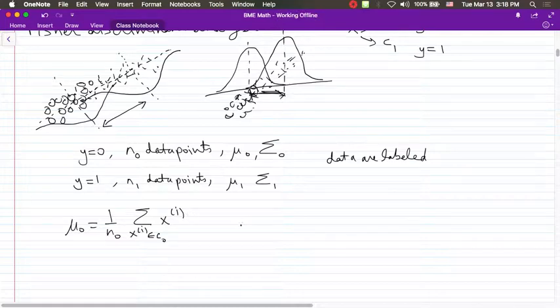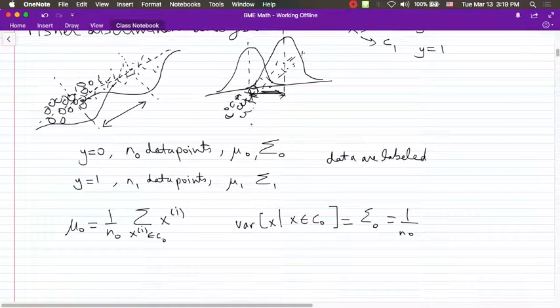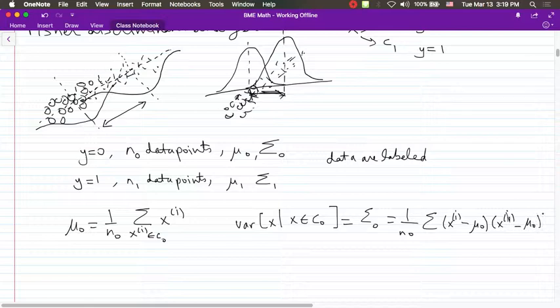And the variance of x such that x belongs to class 0 is sigma 0, which is 1 over n0 times the sum of (x of i minus mu0)(x of i minus mu0) transpose.